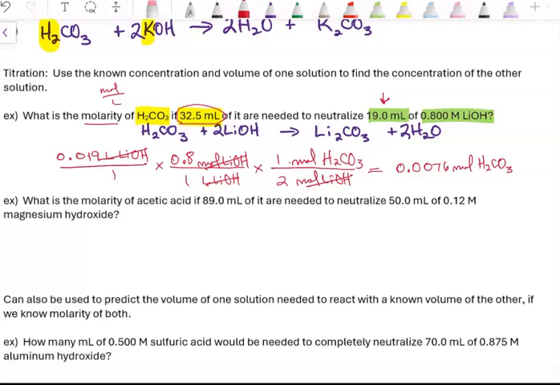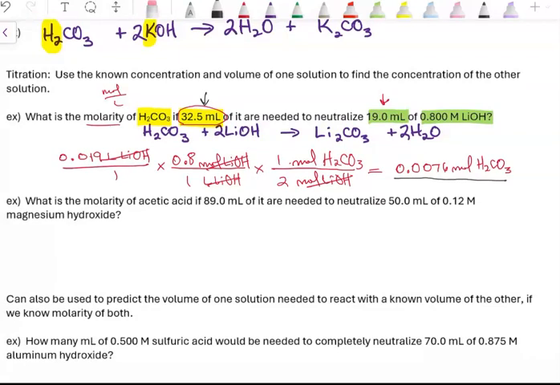The last step is to simply divide by liters, right? Because molarity is moles per liter. And if we look up here, we have 32.5 milliliters, which would be 0.0325 liters. And so if I punch that in the calculator, just divide my previous answer by 0.0325, gives me a molarity of 0.2338.